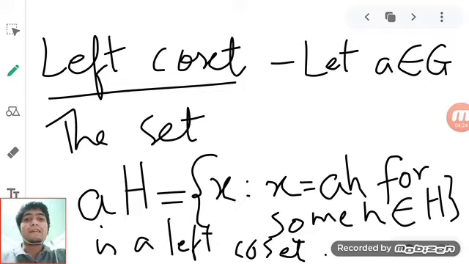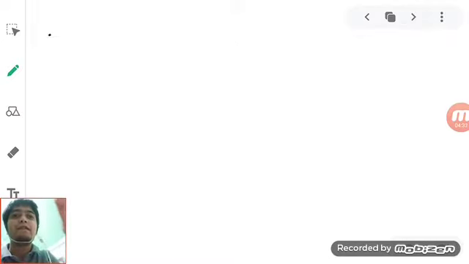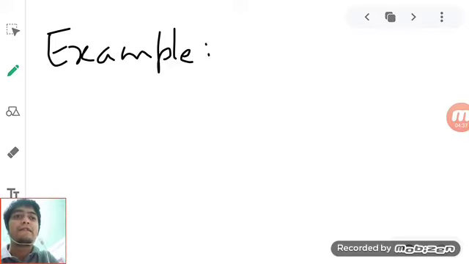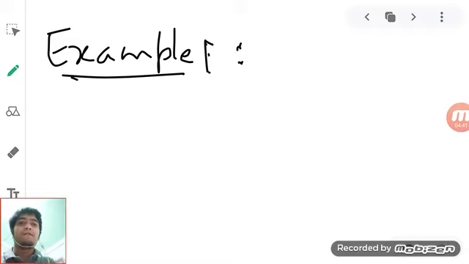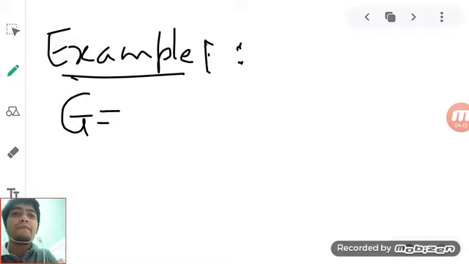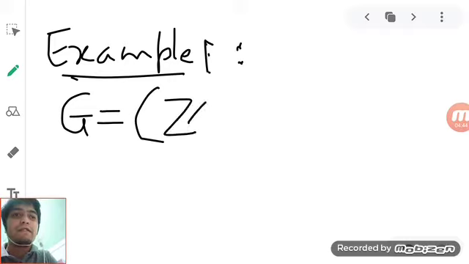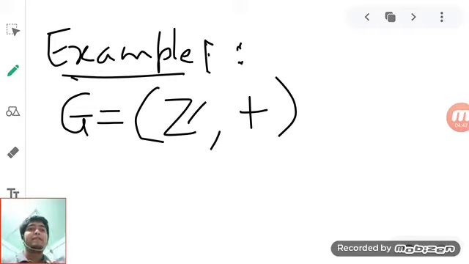But again, in mathematics, nothing is clear until we give an example, so that is what I will do. First of all, we will need a group. Example number 1. Take G, the set of integers with respect to plus.